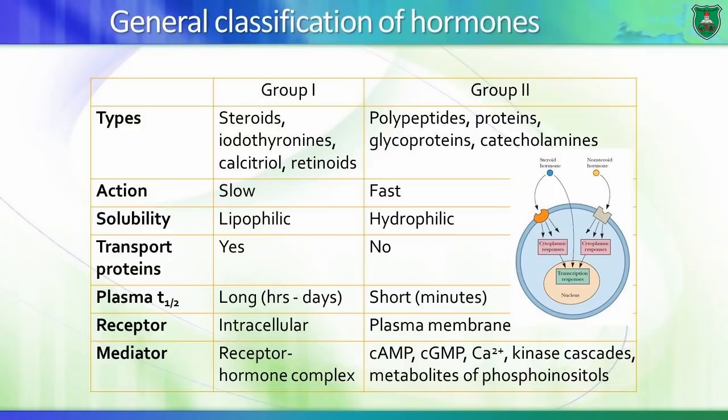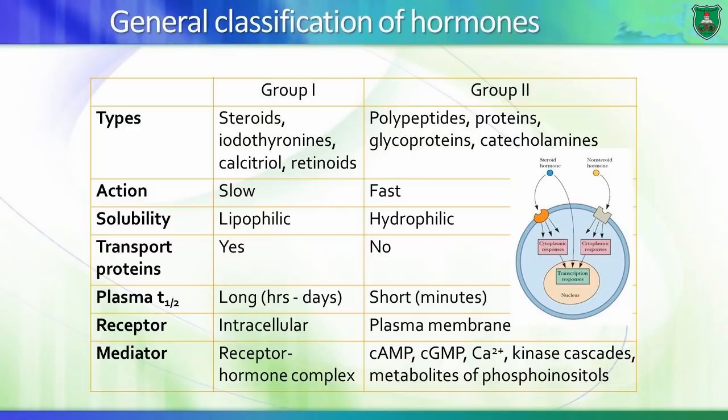On the other hand, the hydrophilic hormones, like protein and peptide hormones such as insulin, bind to a receptor, and the signal is transmitted quickly into the cell. Now, because the group 1 hormones, the lipid-soluble hormones, are lipophilic, they do need transport proteins. The other group does not; they are hydrophilic, so they can mix with the blood.